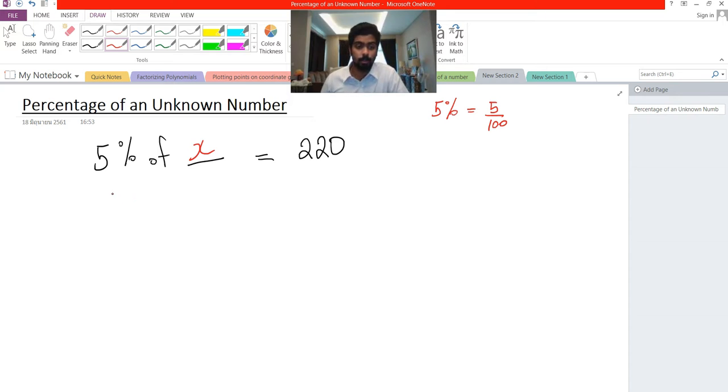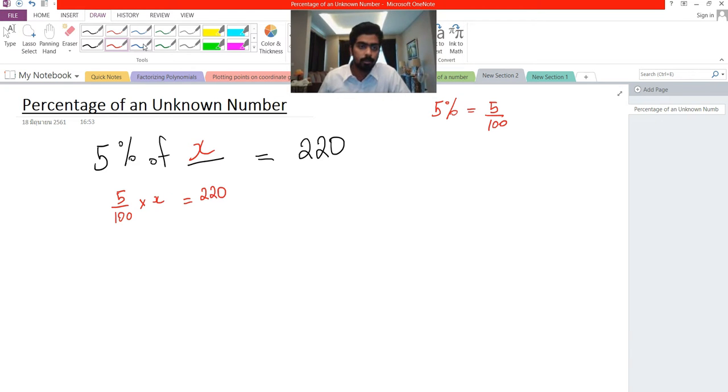So we have 5 over 100 multiplied by x is equal to 220. All right, guys, so we have 5 over 100 multiplied by x is equal to 220, and we are going to find the value of x now.